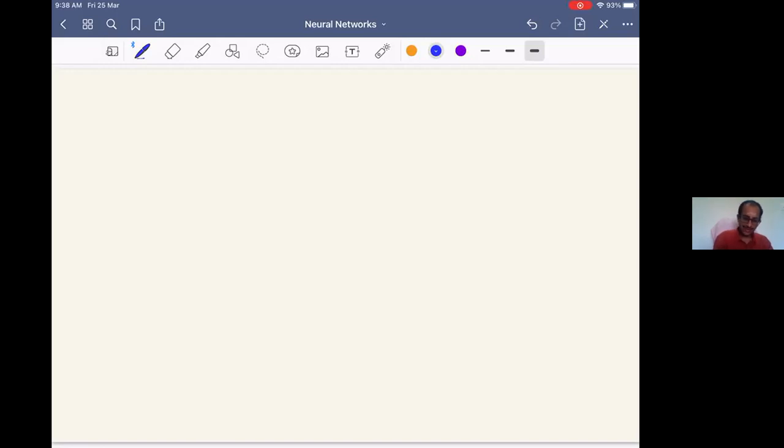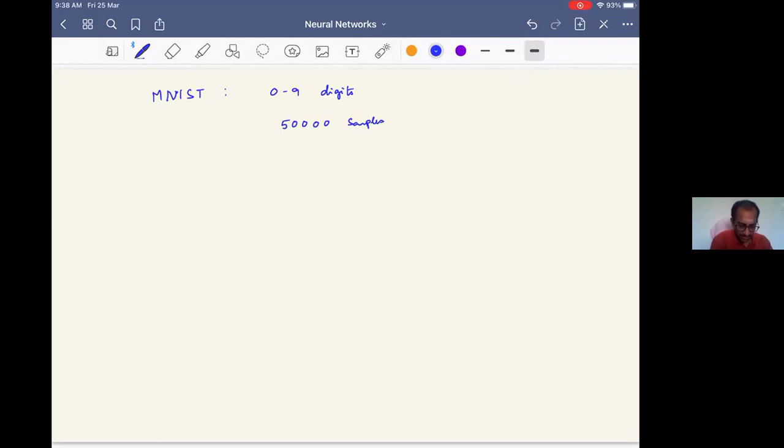Assume, with some realistic numbers, a data set called MNIST, where the problem is to recognize the digits 0 to 9, and we have 50,000 samples.